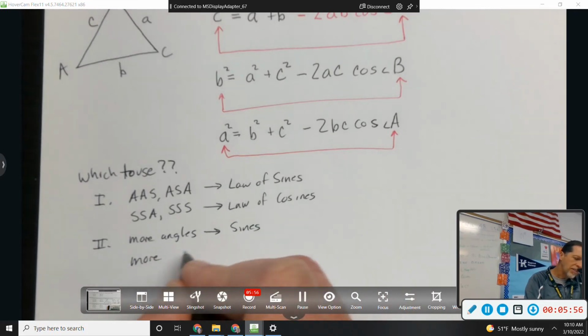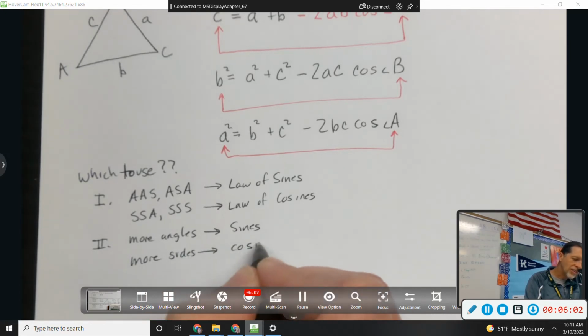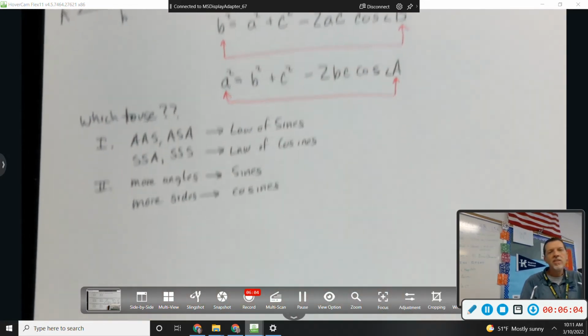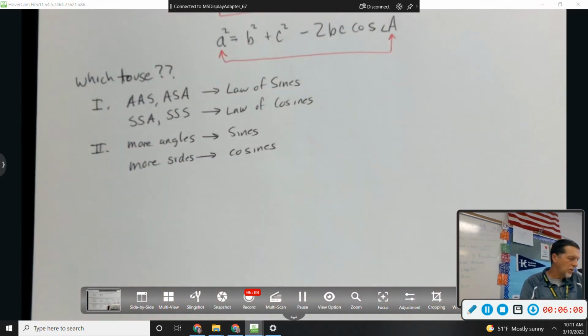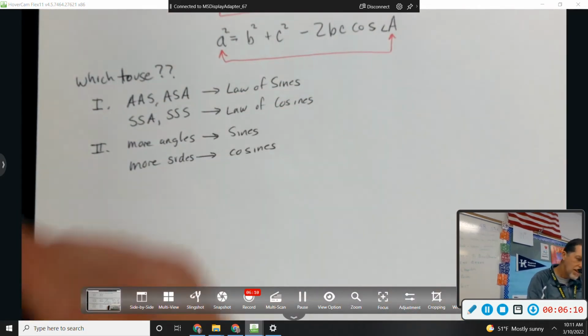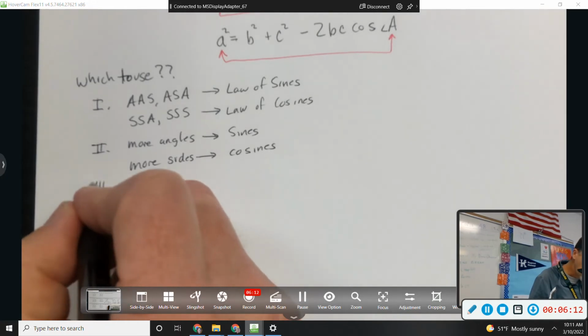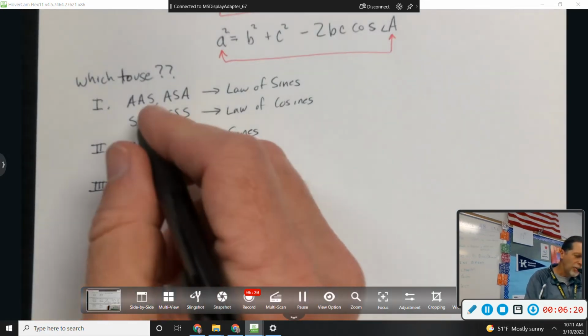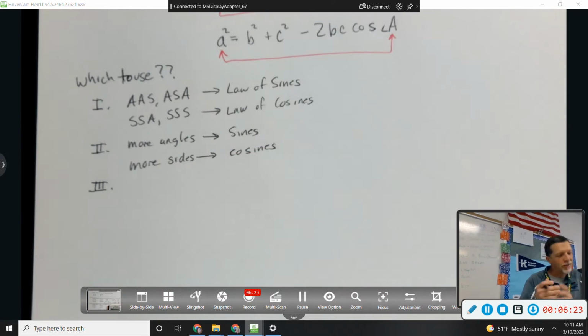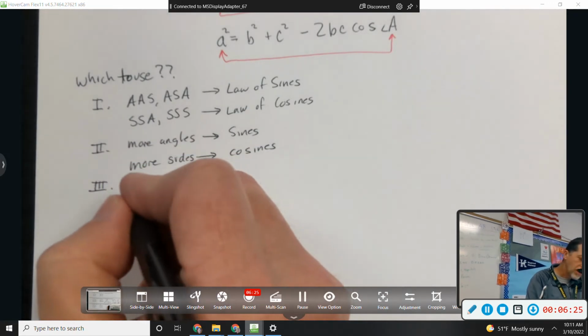Second way to think of it, more angles use sines. More sides use cosines. I mean, that sort of matches the same thing as number one. A third way to think of it, again, you don't even need to know all of these, as long as you know one of them to know which law to use.